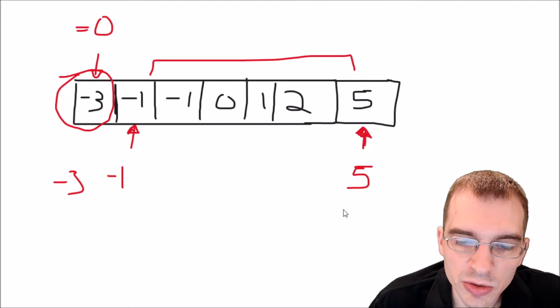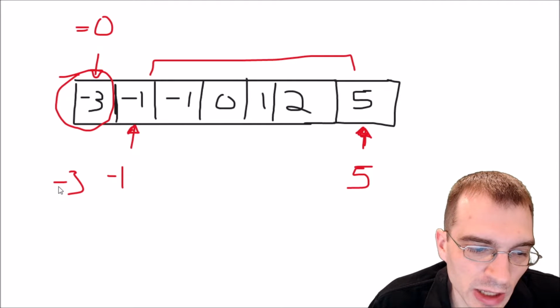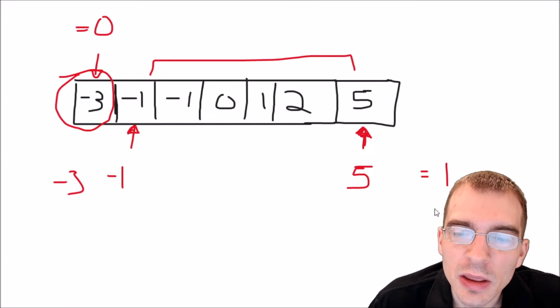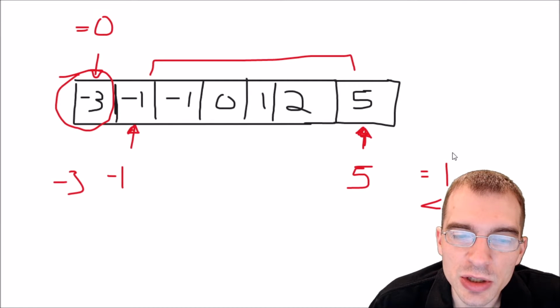So what we want to do is add those 3 things up and see what we get. So the sum of -3, -1, and 5 equals 1. That is bigger than 0, so that tells us the directions that we need to move things in order to get closer to 0.